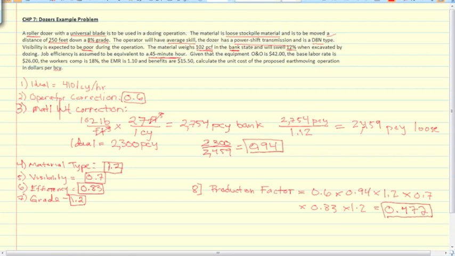That's basically telling us that we are only getting about 47% of the ideal state. So you can go ahead and put that in there. So our production now is going to be our ideal times this correction factor. So actually, this is a correction factor.